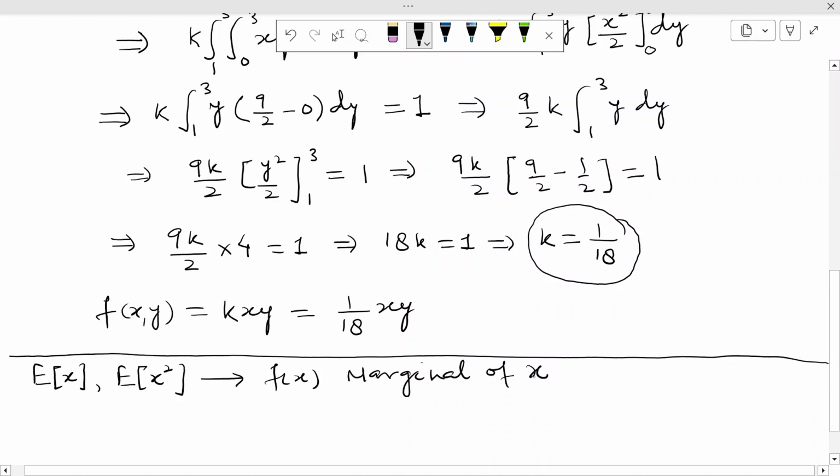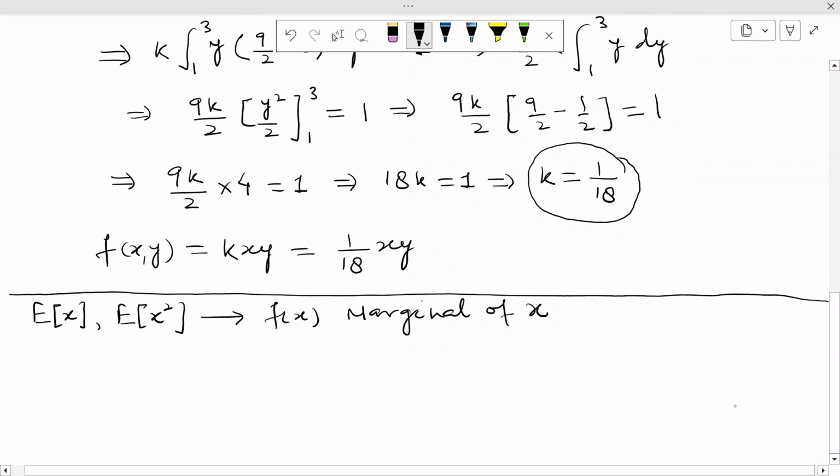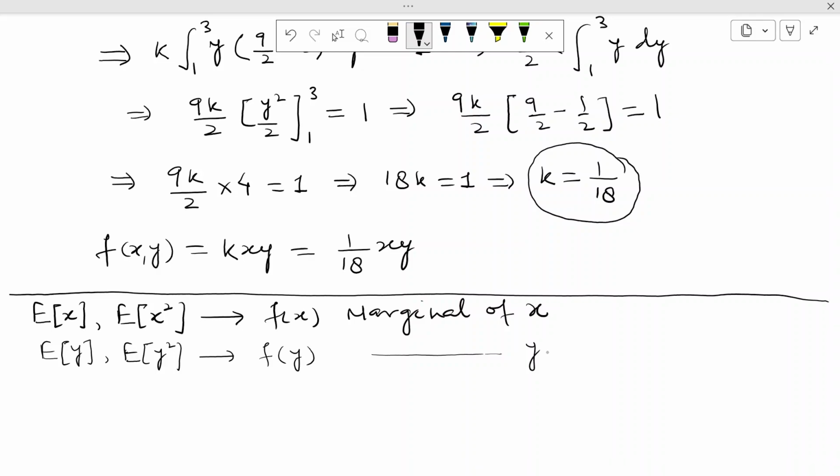Now next we have to find out the expectation of y and expectation of y square, and for this we need fy, which is the marginal of y.